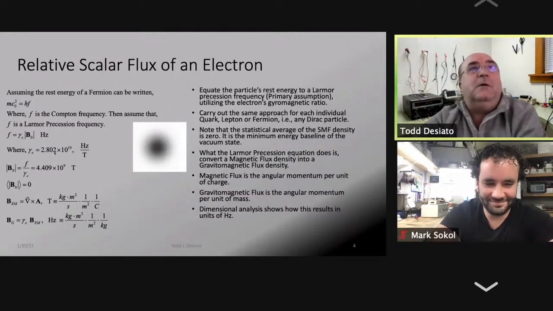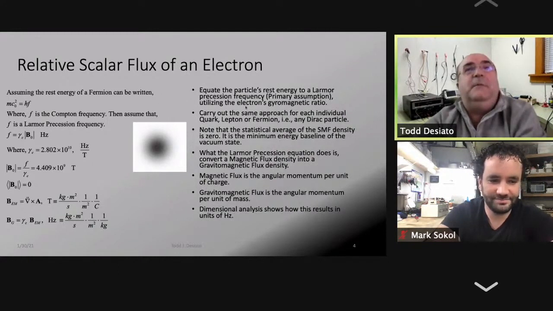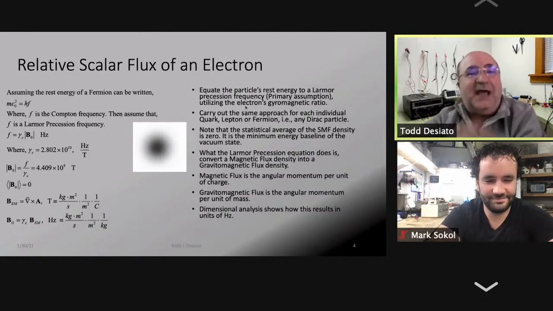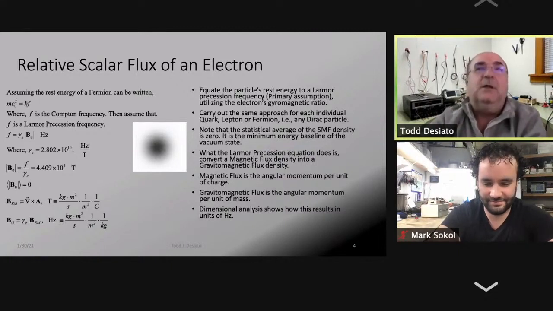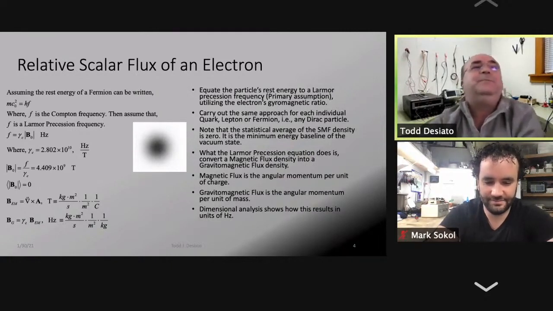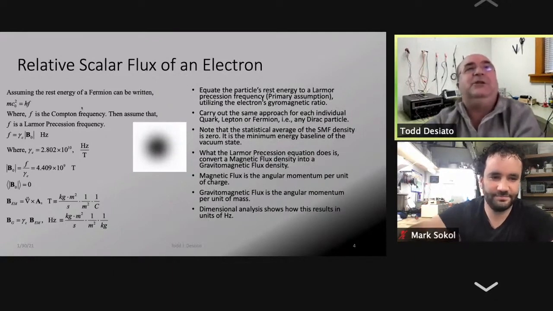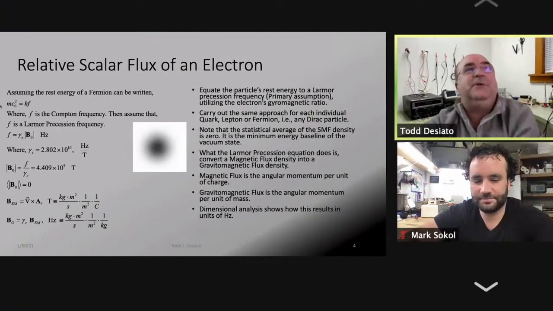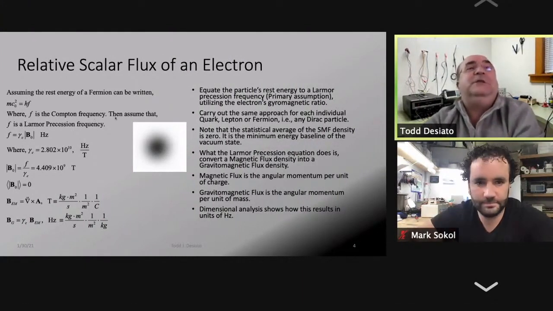So, assuming, and this is part of the hypothesis, that the Larmor precession frequency is also the Compton frequency at that scale of an electron, just as an example. And that the rest energy of the fermion or electron can be written as mc squared is Planck's constant times the frequency, and that frequency would then be the Compton frequency.